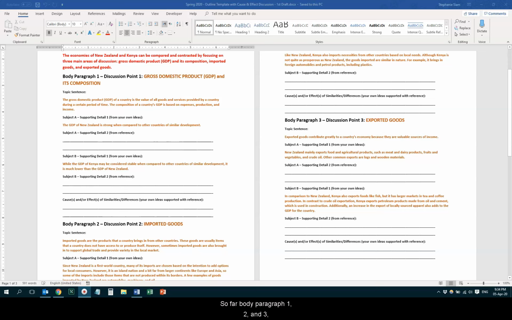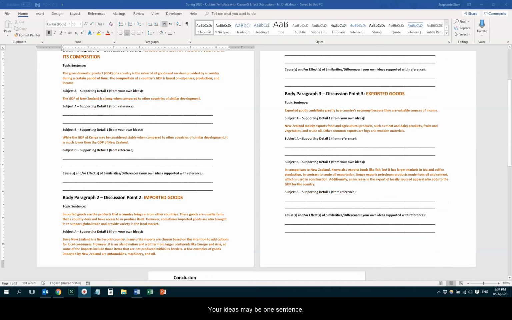So for body paragraph 1, 2, and 3, you're completing the discussion point, the topic sentence, subject A supporting detail 1 from your own ideas, subject B supporting detail 1 from your own ideas. Your ideas may be one sentence, or they may be 2 or 3 sentences, such as down here in paragraph 2, where we're talking about imported goods for New Zealand, or in body paragraph 3, when we're talking about exported goods for Kenya.